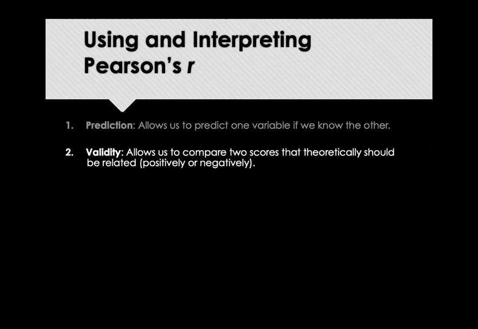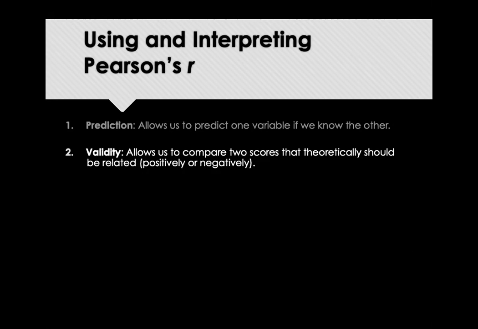Also, validity. Validity allows us to compare two scores that theoretically should be related positively or negatively. So your book talks about these interpretations of Pearson's R. Basically, with validity, an example is, let's say we create a new assessment or measure of depression, right? A 10-question quick scale for depression.